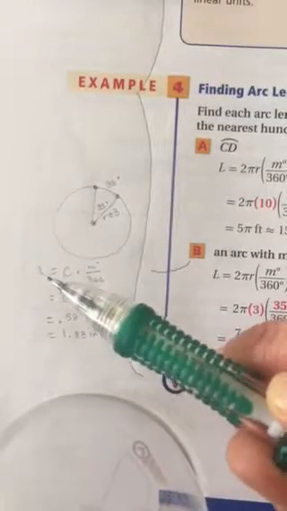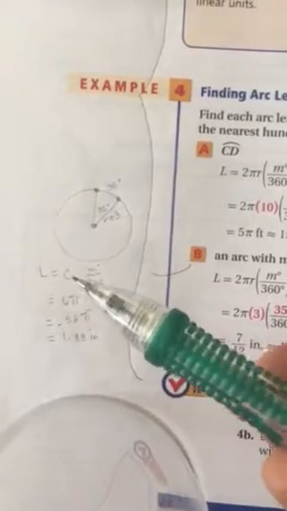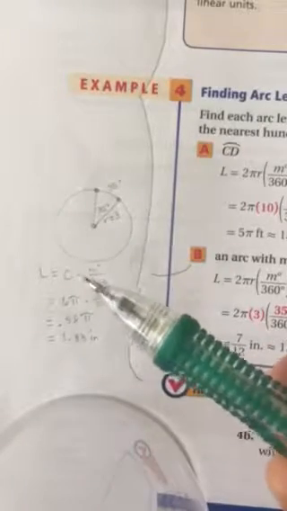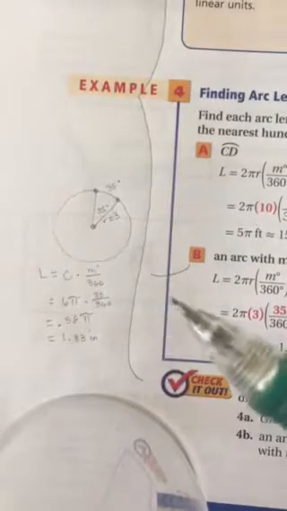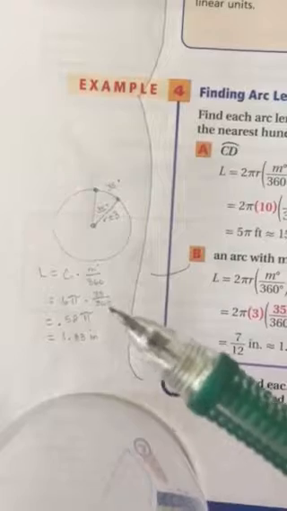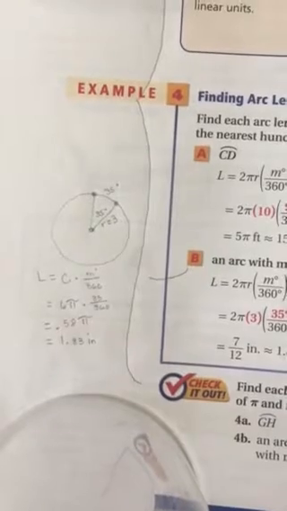Our formula says length equals circumference, or 2 pi r, or pi d, times m over 360. Our diameter is 6, 2 radii. So 6 pi times 35, which is our arc measurement, over 360. 6 times 35 divided by 360 times pi is 0.58 pi, which equals 1.83 inches.